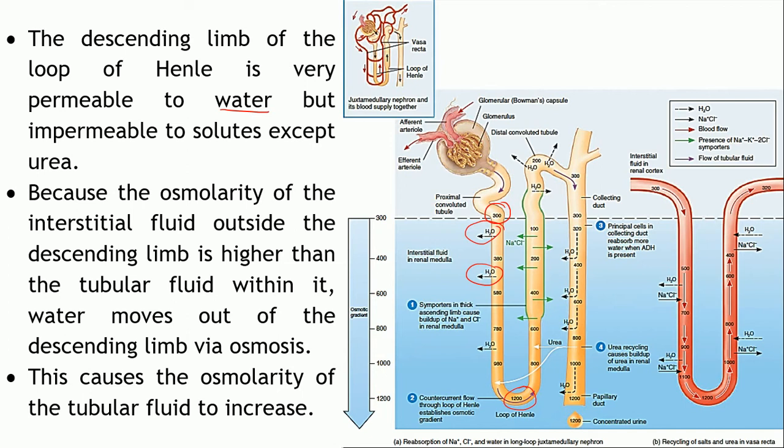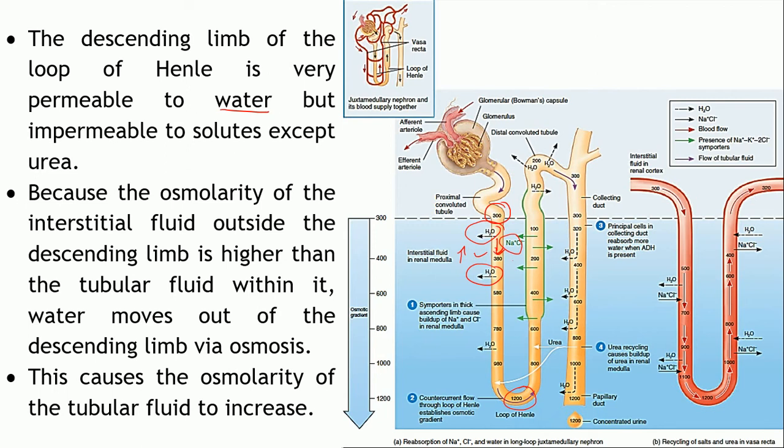Now why is this water getting reabsorbed? There should be some reason, right. When did I tell you that water will move by the process of osmosis? When there is a difference in concentration across the membrane, right. So because the interstitial fluid in the medulla is rich in sodium and chloride, what has happened to the osmolarity of the interstitial fluid? It is high, and the osmolarity of the fluid which is present over here is low. So in which direction will water move? What did I tell you?